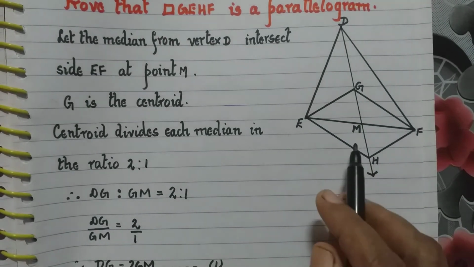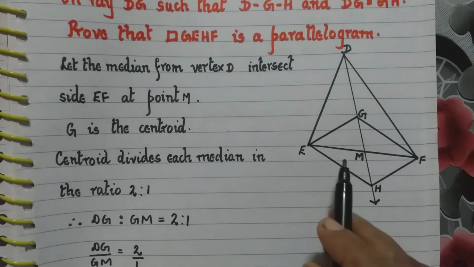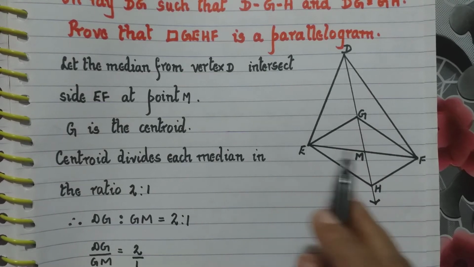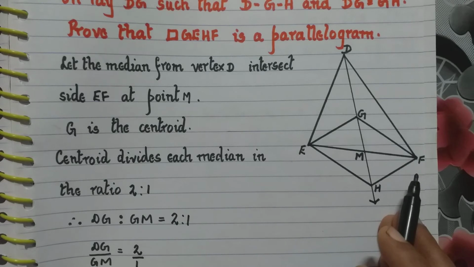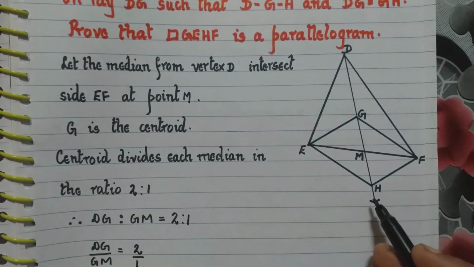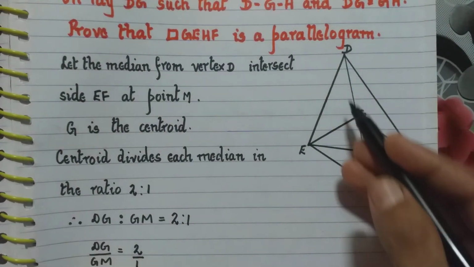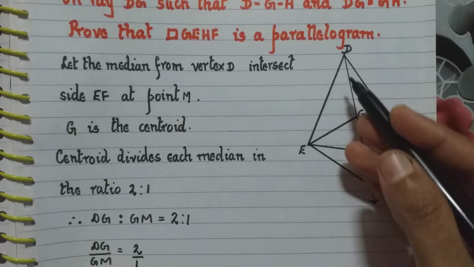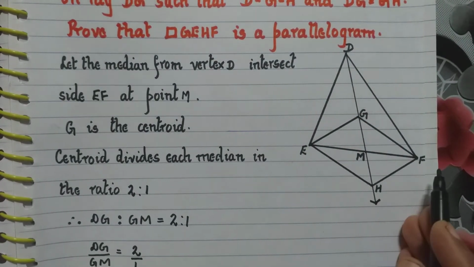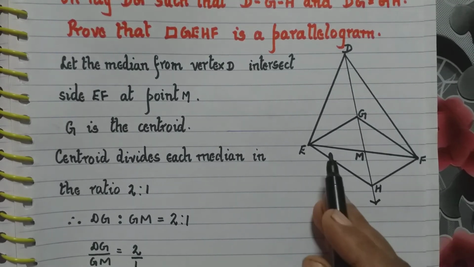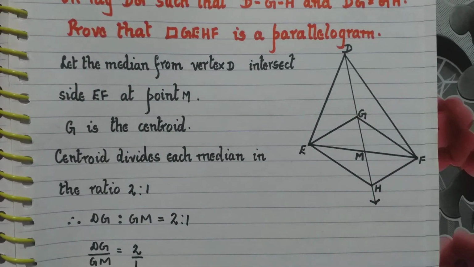They had already said that M is the midpoint of this side EF. How did it become the midpoint? Because this DM was the median. Median is a line which is drawn from a vertex to the opposite side, which divides the opposite side into two equal parts. So EM equal to MF.